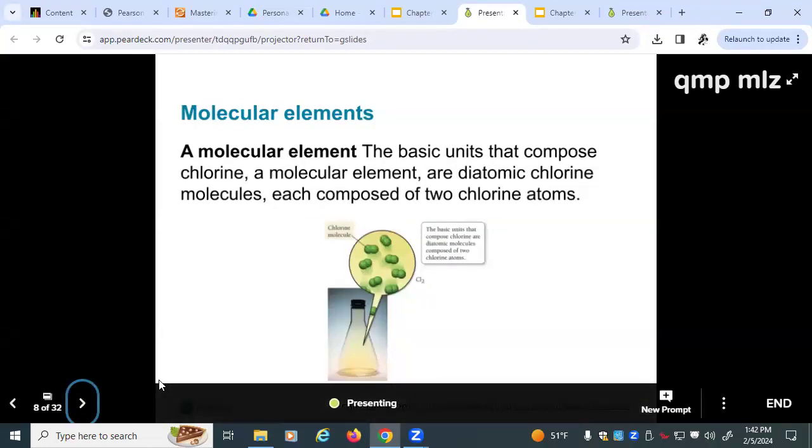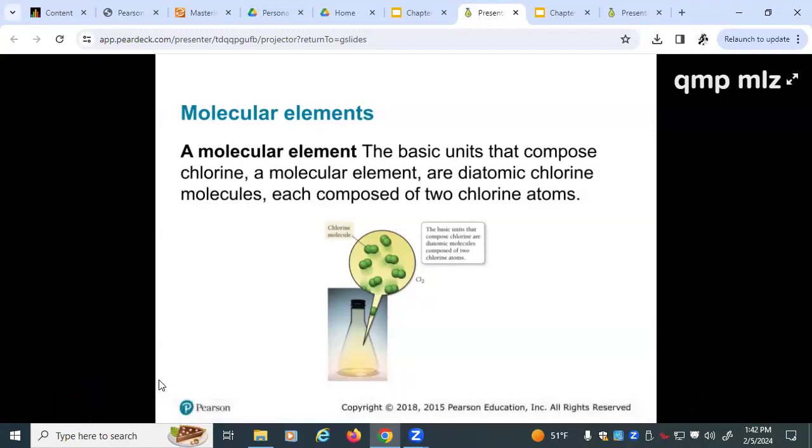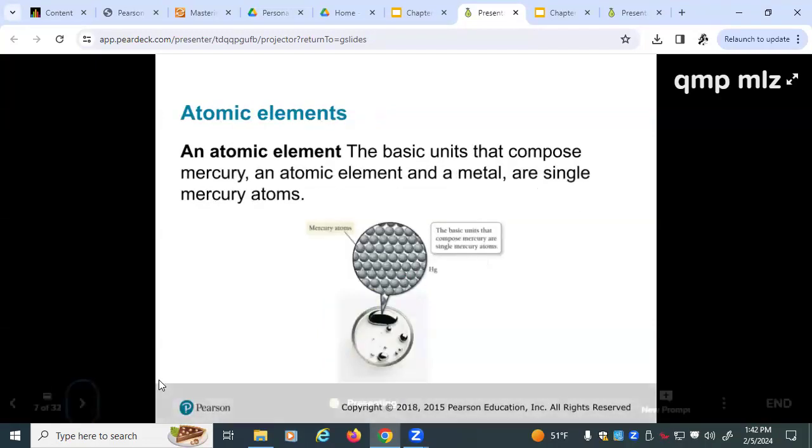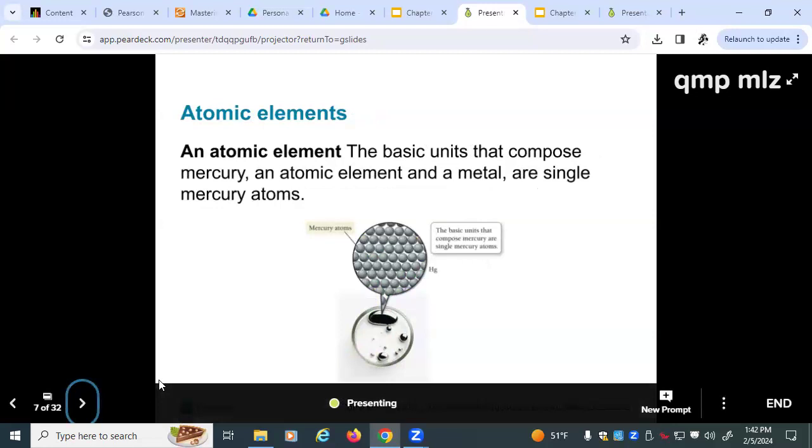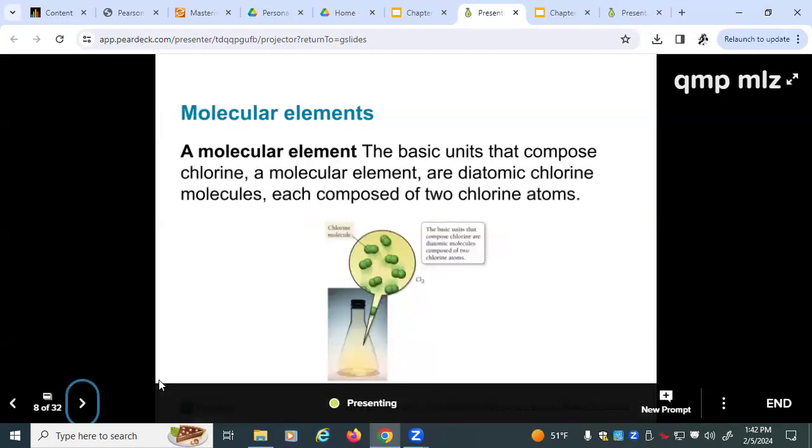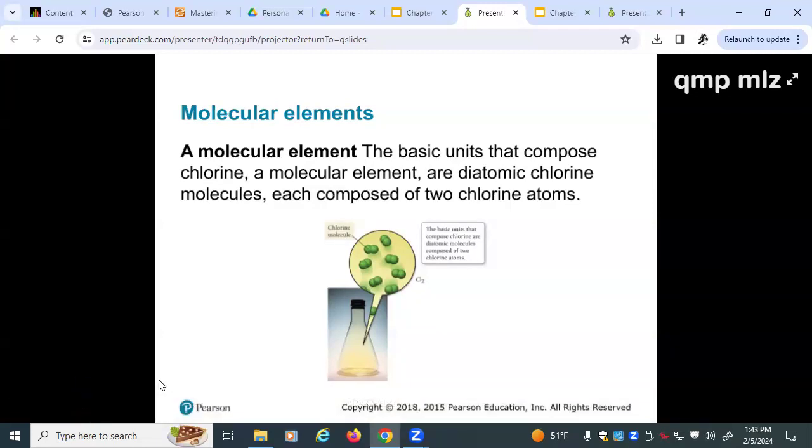Molecular elements, on the other hand, you can see the difference. Notice that instead of individual atoms, we see clusters of diatoms: two atoms together in that sample of fluorine, two atoms together in a sample of liquid bromine, two atoms together in a compressed way in a sample of solid iodine.